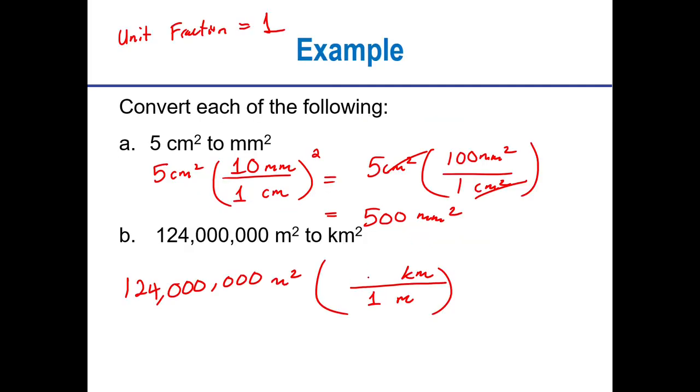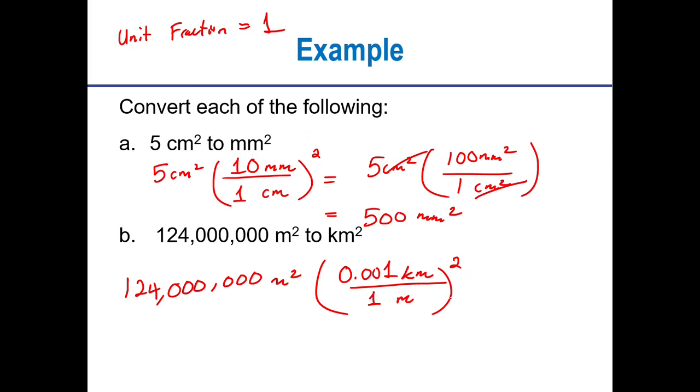So 1 meter on the bottom, since we want to cancel out the meters, and 0.001 kilometers on the top. Again, this is meters squared, so we need to square the top and the bottom, which is okay to do, again, because this has a value of 1. It doesn't change anything.